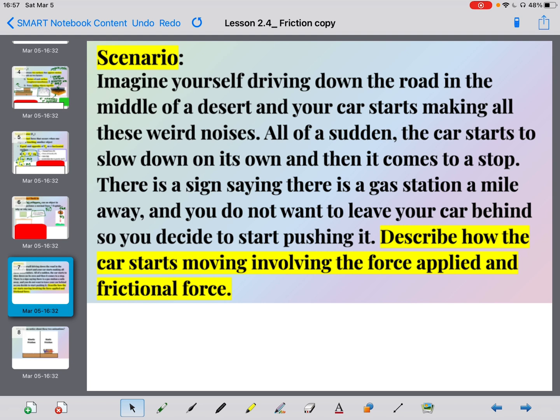And I go to push it. I'm not going to start rolling it right away, even though I pushed it. I'm going to be like, wow, I actually got to put in some work. I have to apply a very large force to start moving it. So in the beginning, I have to apply a huge force to get it to start moving. But then once it's moving already, the amount of force that I have to apply doesn't feel that bad anymore.